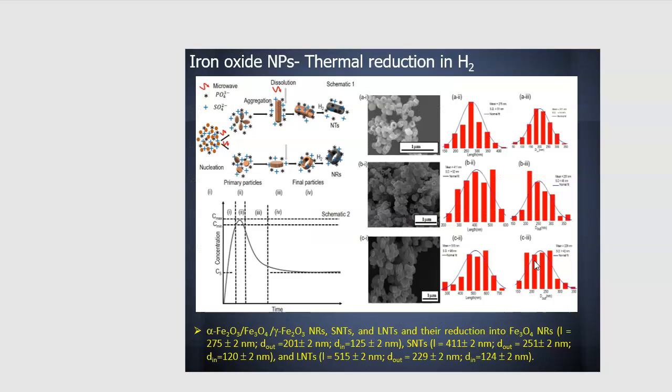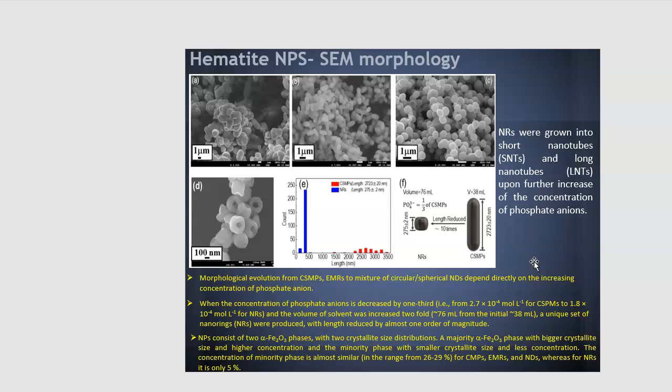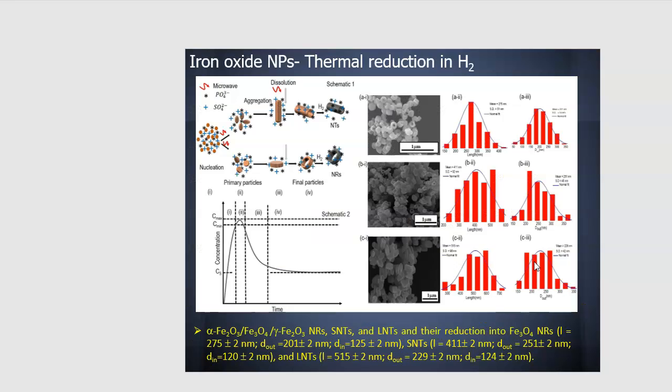The interesting thing is that when we reduce the concentration of phosphate ions, we obtain short nanotubes and long nanotubes of hematite. We used these nanorings, thermally annealed in a hydrogen environment, to obtain iron oxide nanoparticles, magnetite or maghemite.